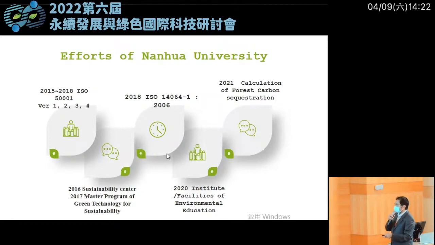Two years ago, we got the certification of the facility and the Institute of Environmental Education from the Ministry of Environmental Protection. And last year, we started preparing for carbon sequestration in our campus.